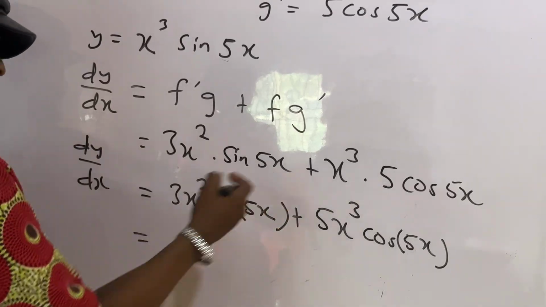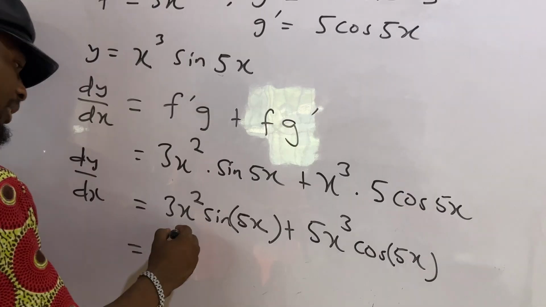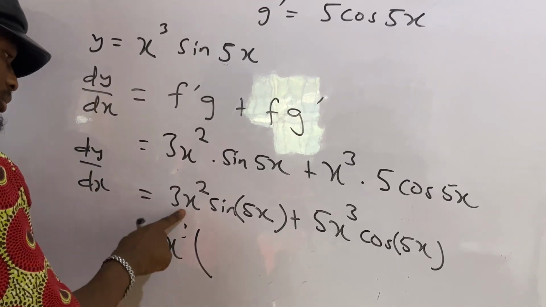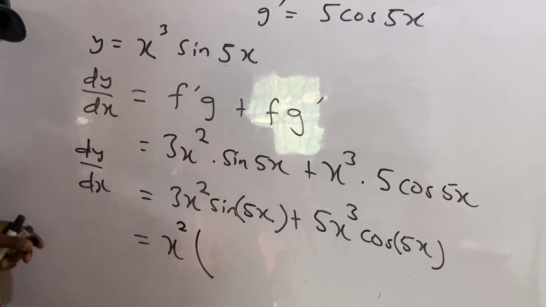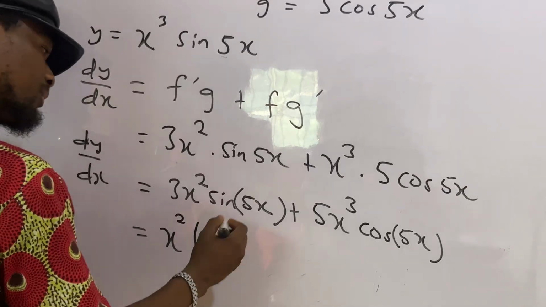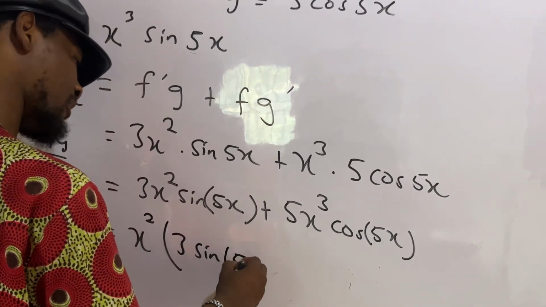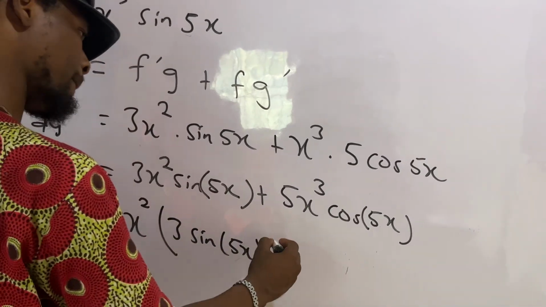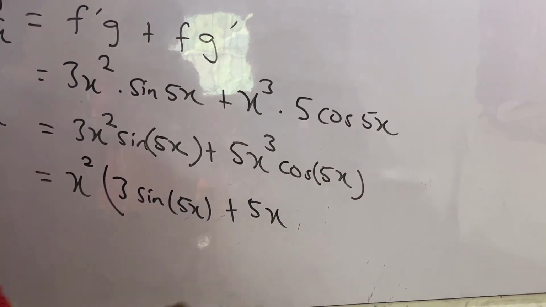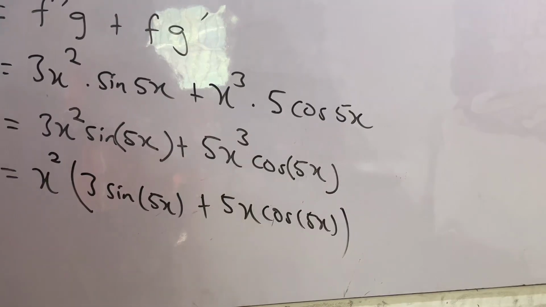You factorize x to the power 3. What do you have? You have this x to the power 2. So this is 3 and this is 2. So you have 3 sine 5x, then plus 5x cos 5x.